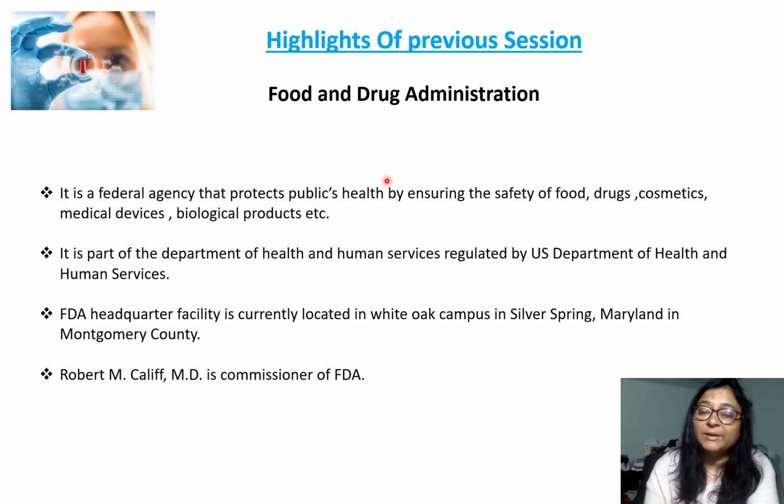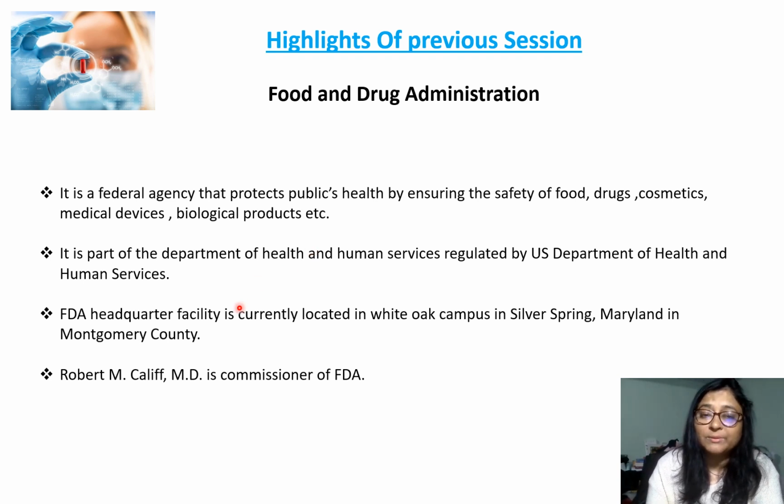If you remember, in the previous session we went through the Food and Drug Administration, that is FDA. Basically it is a federal agency that protects public health by ensuring the safety of food, drugs, cosmetics, medical devices, biological products, etc. In short, the FDA secures that anything related to food, drugs or cosmetics coming into the market should be safe for the public.